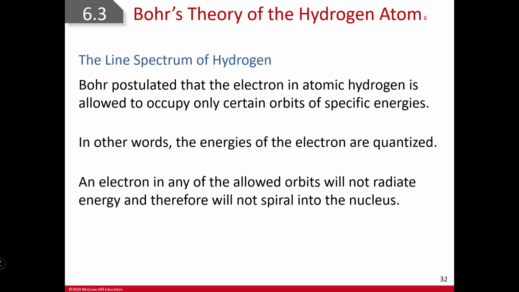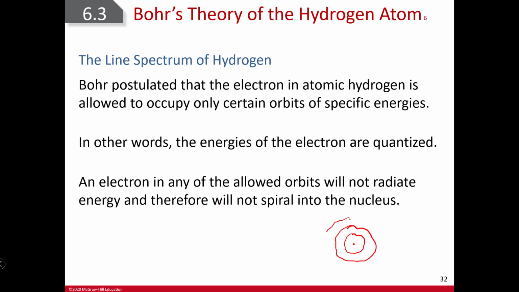So Bohr takes all this information that we've talked about, and he said, okay, I agree that energy is quantized. And he says that what we have here then is we have the nucleus. And then he says the electrons orbit the nucleus much like the planets orbit the sun.